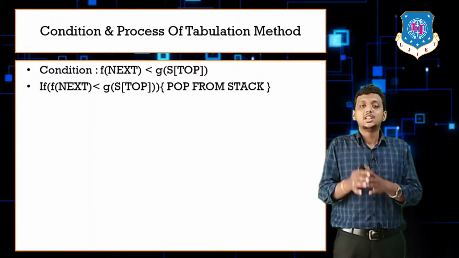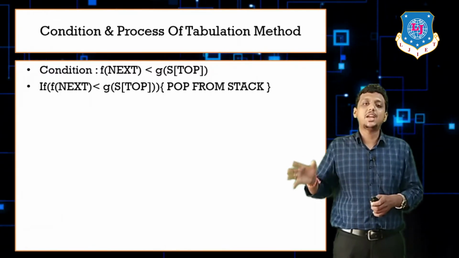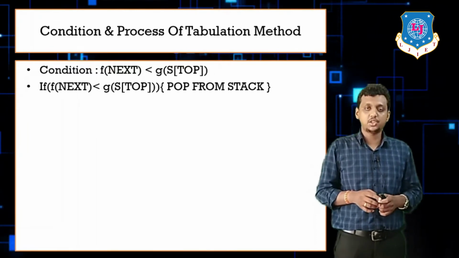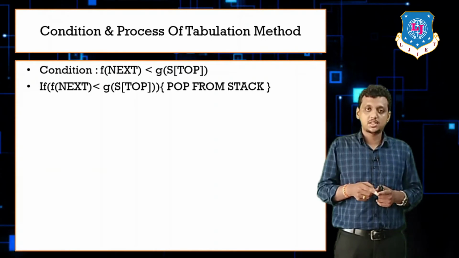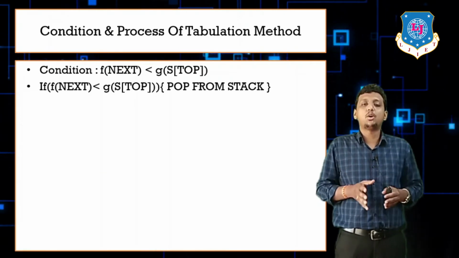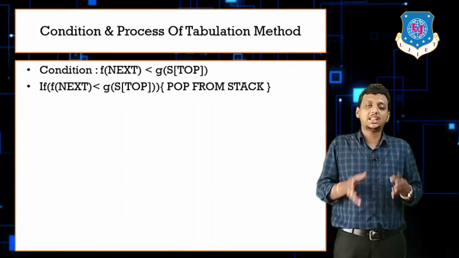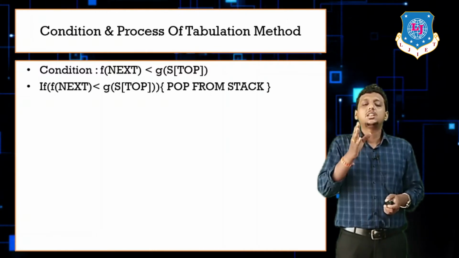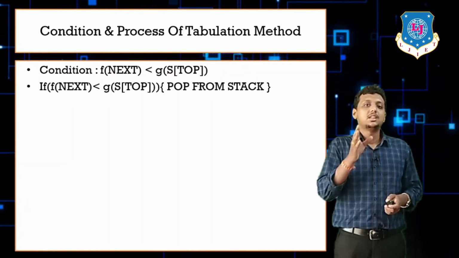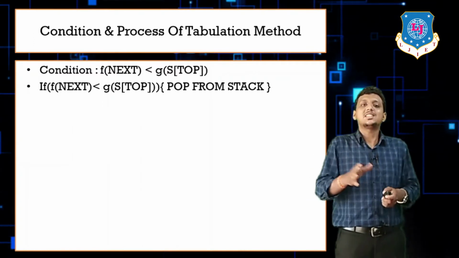But here, we do not have only one precedence function. Here we have different precedences for the different columns. If your symbol, or we can say your element, is inside the character scan column, then its precedence is different.